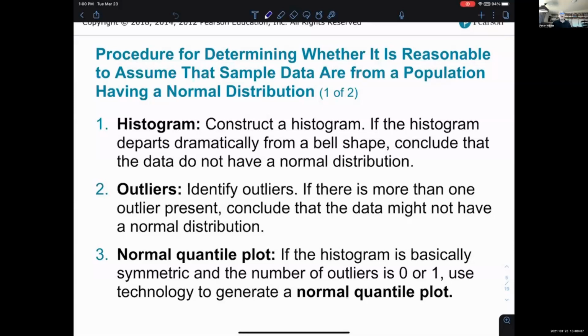Outliers. Identify outliers. If there is more than 1 outlier present, conclude that the data might not have a normal distribution. You can do that mathematically by using the definition of an outlier as being more than 1.5 times the interquartile range above or below the quartiles. You may recall that from earlier.